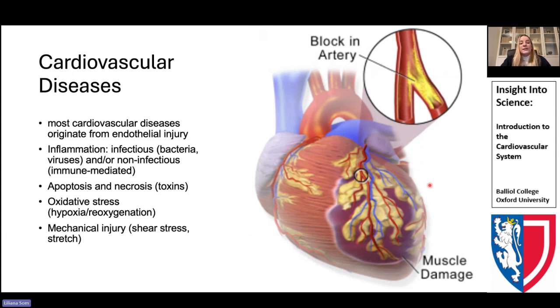Oxidative stress and reactive oxygen species often cause endothelial injury as well. And mechanical injury, such as shear stress, often happens at the bifurcation of arteries. Once an artery branches into two, that's usually an area of high shear stress, and that is a very atherosclerosis-prone area where we often see plaque development.